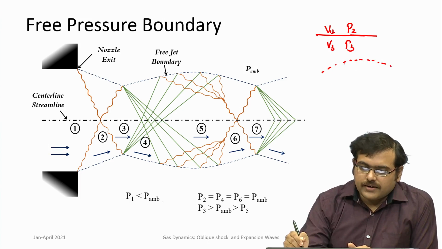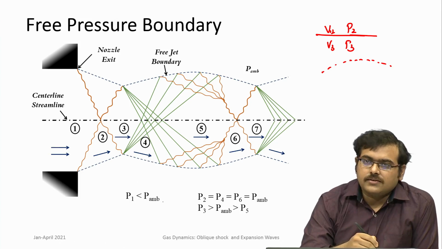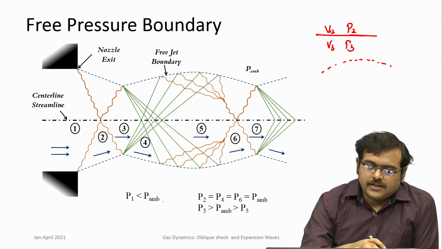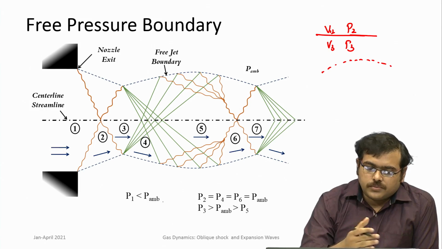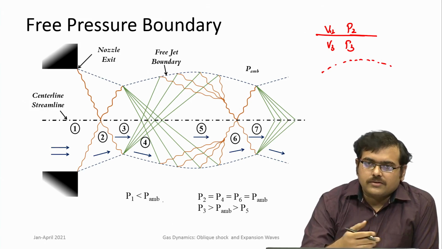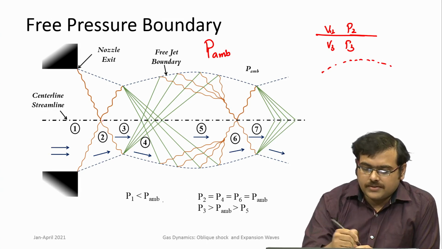Now, if a shock interacts with the slip line, an example of which we will soon come across in further classes, when a jet of high speed, supersonic flow exits into the general ambient, then the ambient has a certain pressure, P ambient, but within the jet the pressure need not be the same as P ambient.